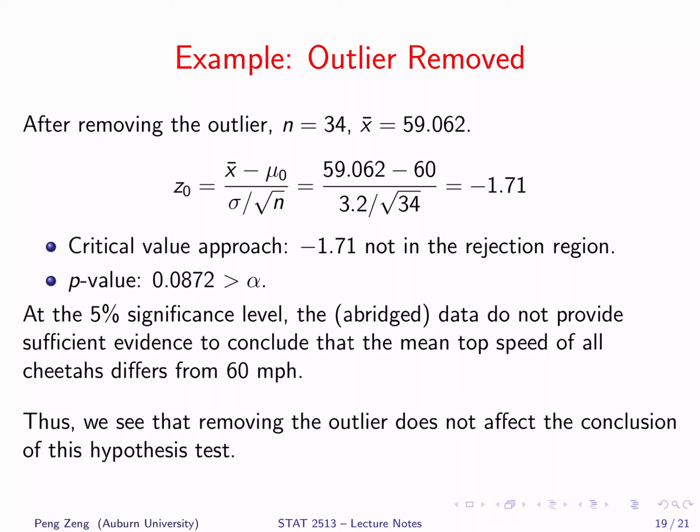Notice that although in this example the outlier does not affect the conclusion of the hypothesis test, it is possible that in other examples, outliers may affect the conclusion of the hypothesis. In practice, whenever there exists an outlier, we need to be careful.